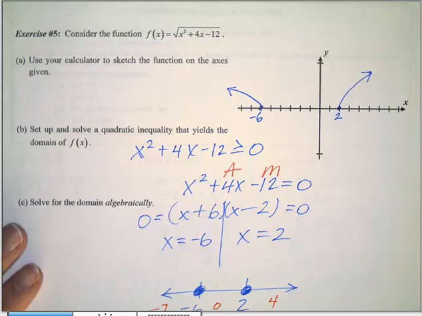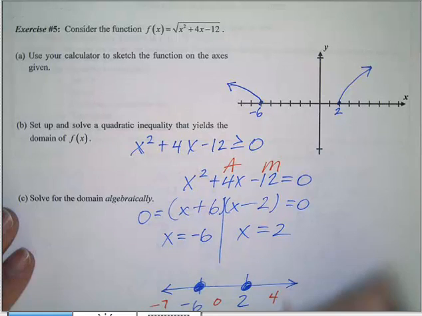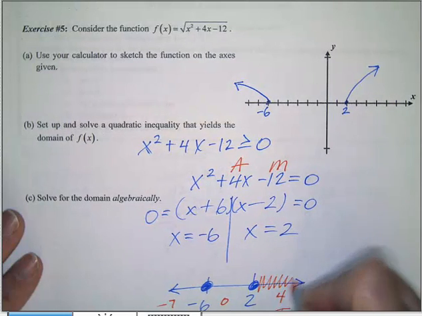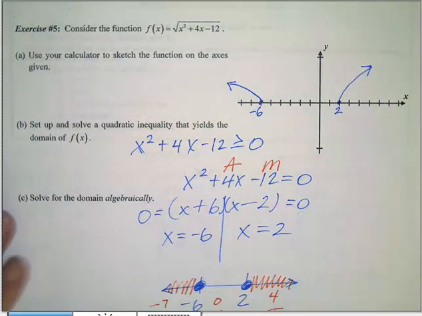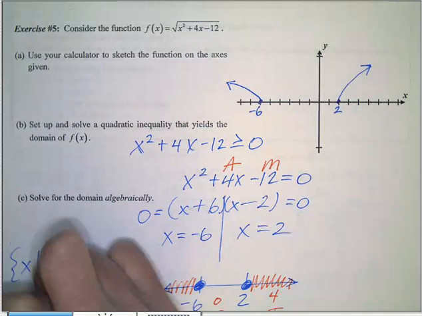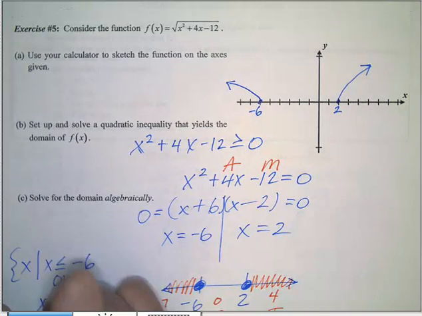What I should find out is that this is true, this is false, and this is true. So this is shaded and this is shaded. So my domain for f of x is x such that x is less than or equal to negative 6, or x is greater than or equal to 2.